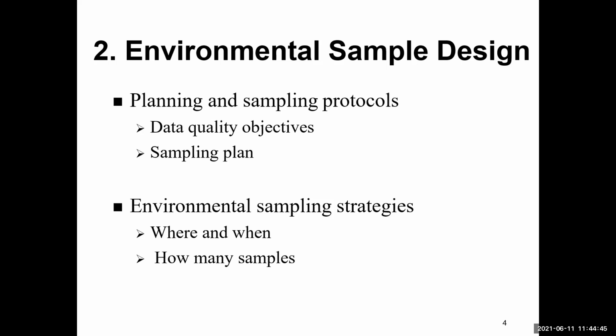Sampling plan. Suppose you want to collect a sample from a river. What is the first step? The first step is to take the sample from the side, and follow the temperature.